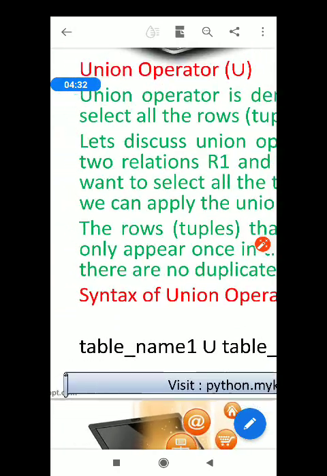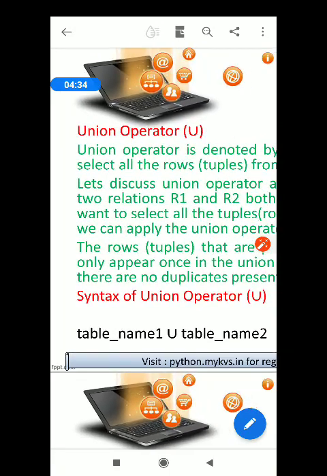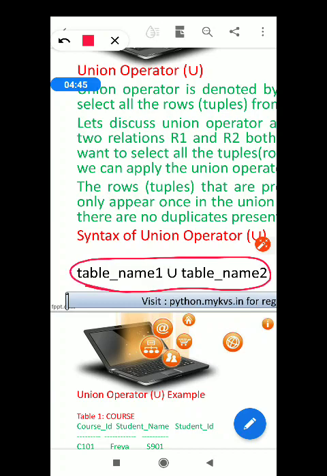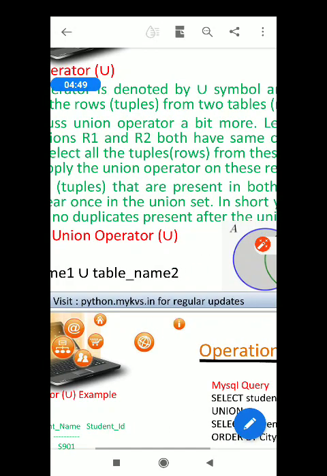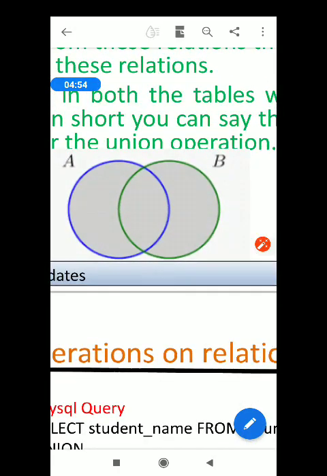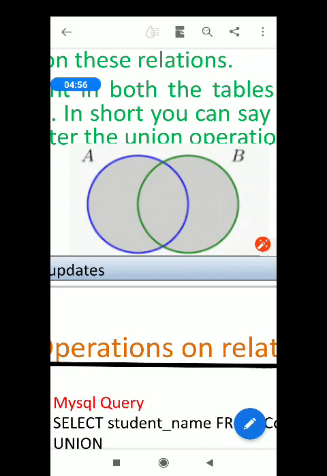Please note down the syntax of union operation. Table 1 union table 2. The union operation symbol in set theory may represent like this.